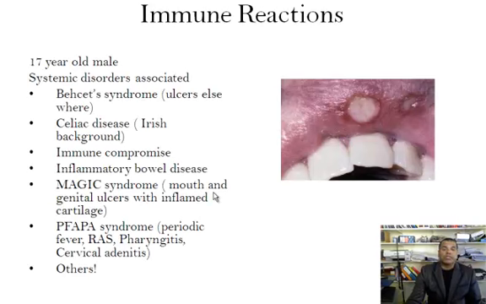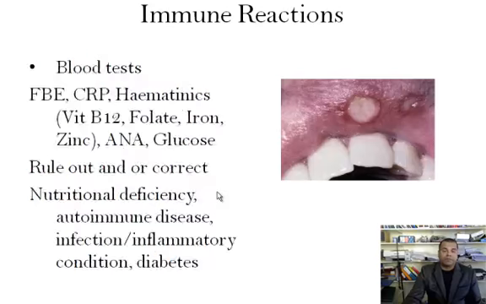Also, we need to consider, are there any other systemic disorders that are associated, because we know that RAS is associated with Behçet syndrome, celiac disease, and other systemic problems. So you may carry out some blood tests for erythrocytes, C-reactive protein, hematinics, glucose, to rule out and or correct any nutritional deficiencies to see whether you have any improvement, and check for the presence of any autoimmune disease, infection or inflammatory conditions, diabetes.